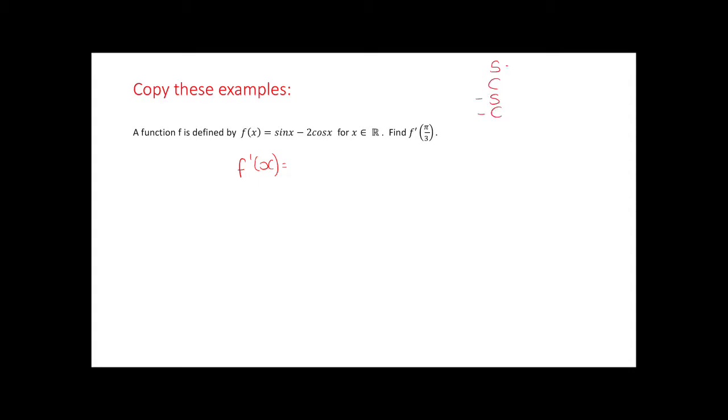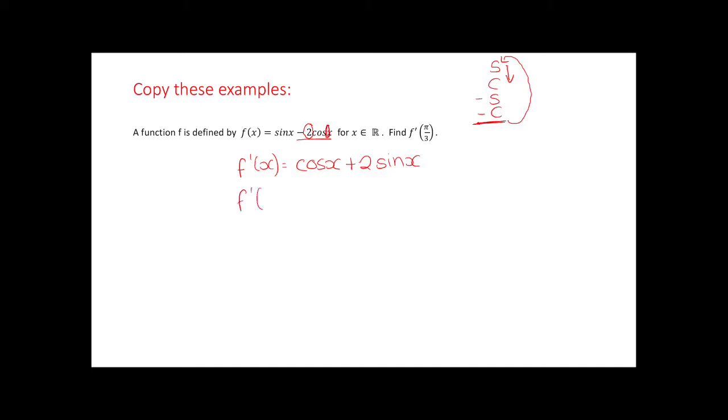If we differentiate sine, we get cos, so sine x goes to cos x. This time we've got a negative cos x, so if we differentiate negative cos x, remember this one goes back up to the top, and we're going to get a positive, and it's 2 sine x. Now remember, that 2 just stays exactly where it is. You only have to take it into account when it's in between here, but right now it's at the start, so it's just staying as 2 sine x.